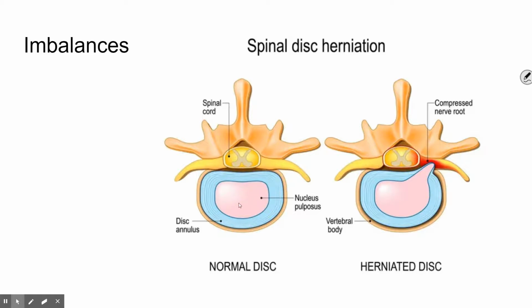There's the annulus fibrosus, and basically what happens when you slip a disc is that middle gel fluid pokes out of that annulus fibrosus, and that's not good, because it's not supposed to happen, and it presses on these nerves here. It can press on the spinal cord here, or it can press on these other nerves here, and that can cause a lot of pain. That can cause a lot of numbness.